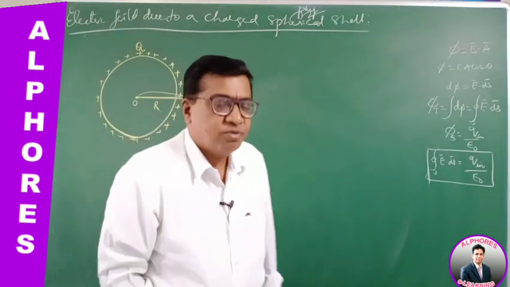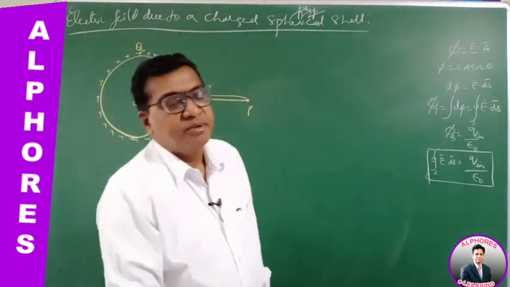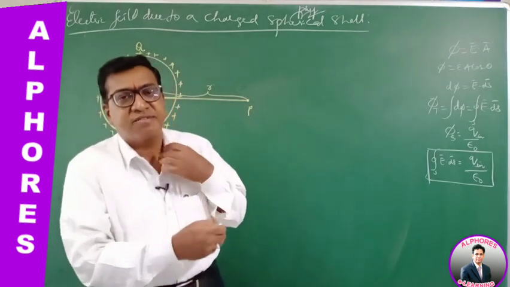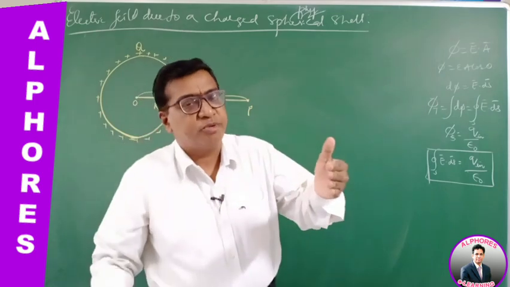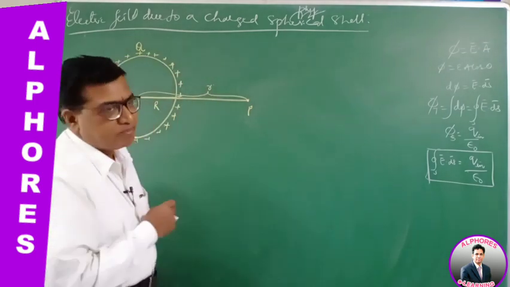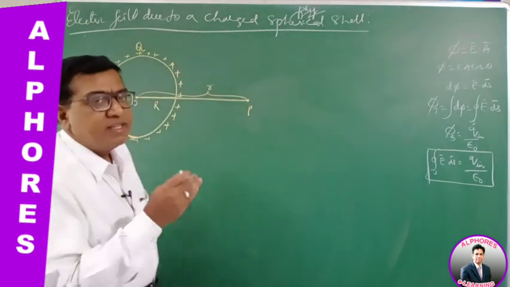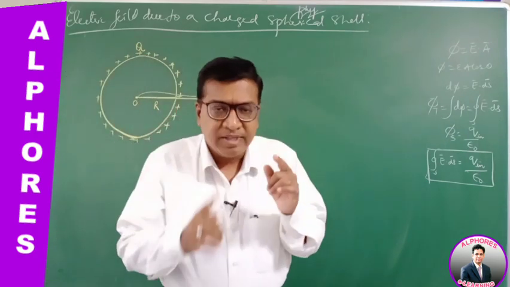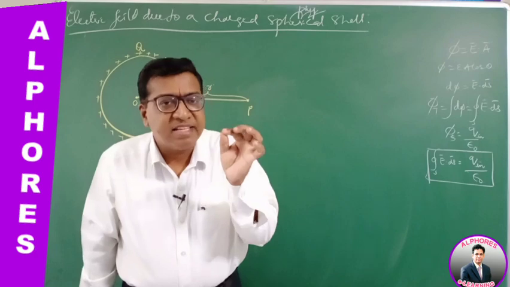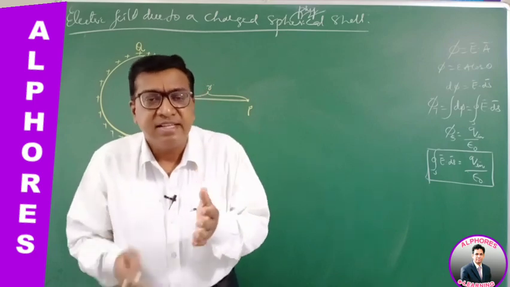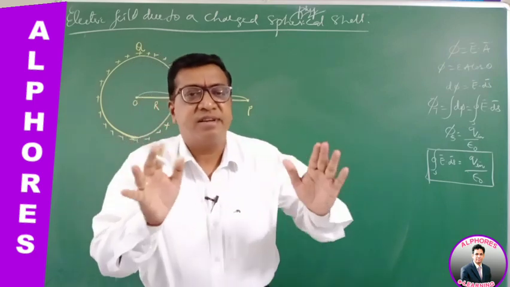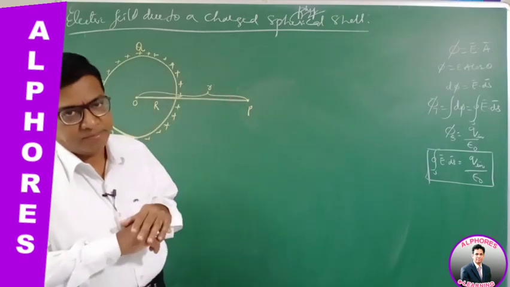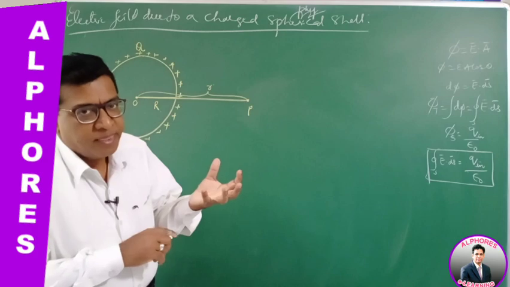Now, how to find the electric field? I was telling you while explaining Gauss Law, when you use Gauss Law to find the electric field, there are certain steps to be followed. The first thing is, imagine a Gaussian surface. You have to cleverly imagine a Gaussian surface such that the shape of the Gaussian surface is symmetric to the shape of the charge that is given.